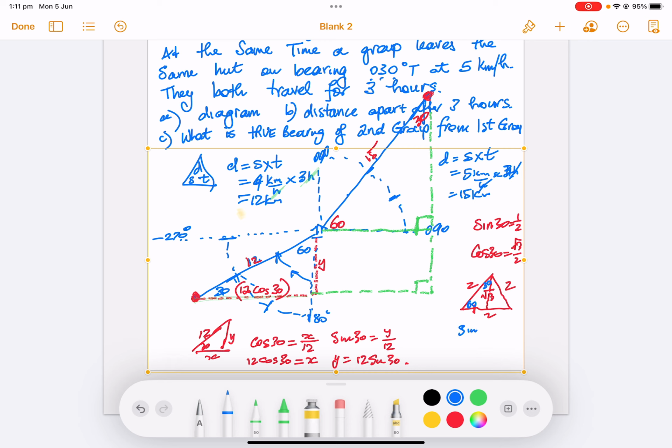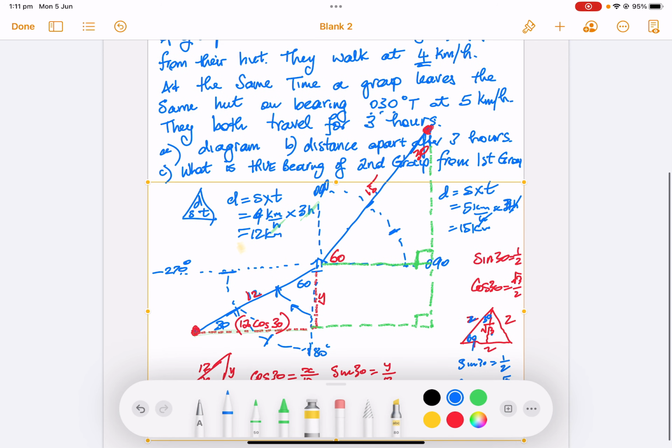So sine of 30 equals opposite over hypotenuse, which is 1 over 2. And from the 60 degree, the cos of 30 is adjacent over hypotenuse, which is root 3 over 2. So you could change cos of 30 into root 3 over 2.